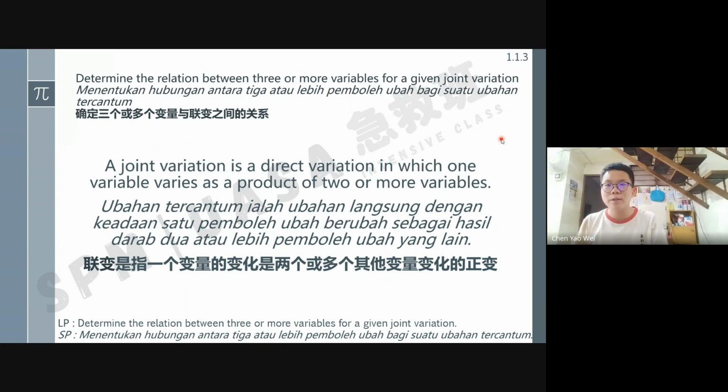But this joint variation is only used for direct variation, ubahan langsung. Untuk ubahan yang lain tidak digunakan. Ubahan tercantum ubahan langsung dengan keadaan satu pemboleh ubah berubah sebagai hasil terhadap dua atau lebih pemboleh ubah yang lain.